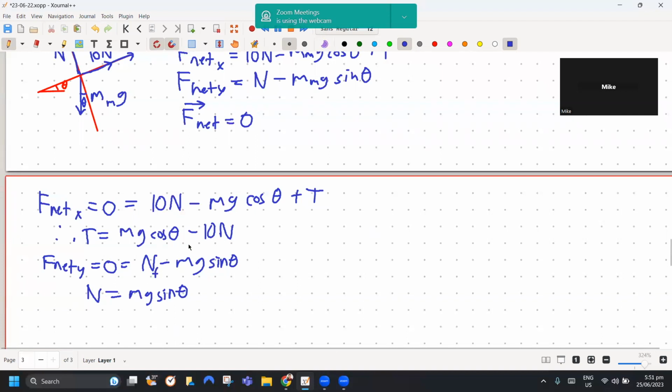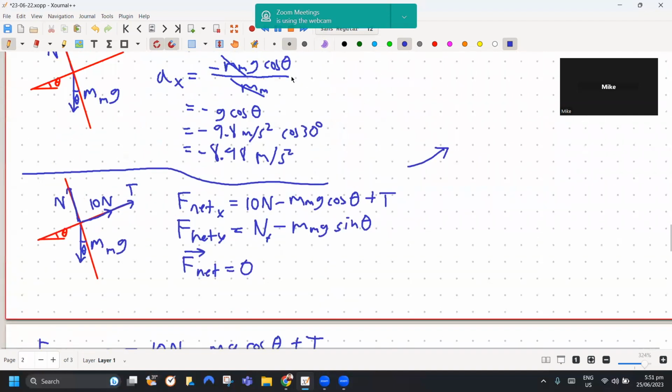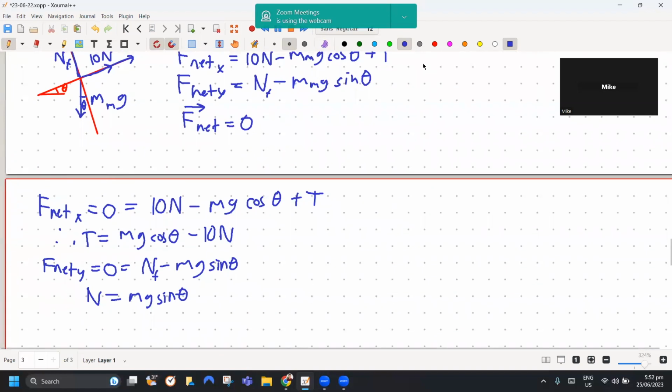So, everywhere na may normal force, sulat mo as N sub F. So, N sub F is equal to mg sine theta.